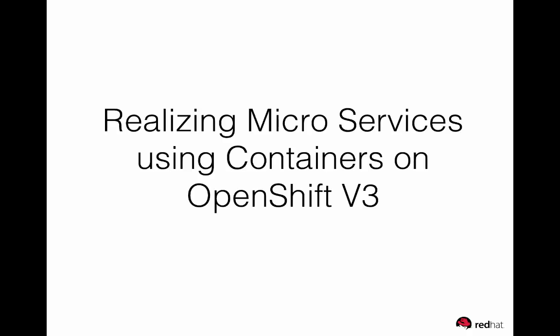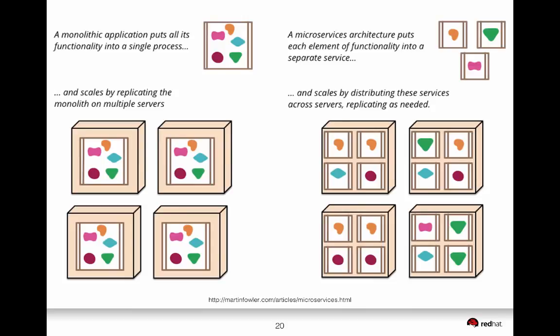So how do we realize microservices using containers in OpenShift version 3, right? I'm again using the figures from Martin Fowler's articles so that it's easy to understand because most of the people who are coming here would have already read it. So he talks about how a monolithic application puts all its functionality into a single process, whereas in case of microservices architecture, you take each element of functionality and make it a separate service, right?